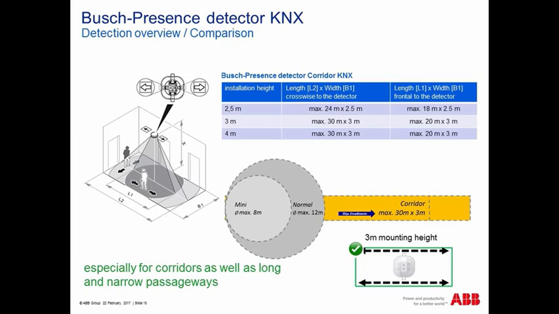What is also important, if you see this picture here, is the proper direction of the lenses. You need to consider that. That means if you see the lenses here and you see the lenses here, they must show in the direction of your walking.